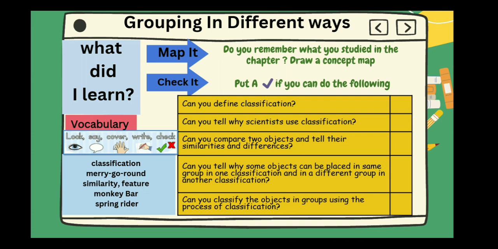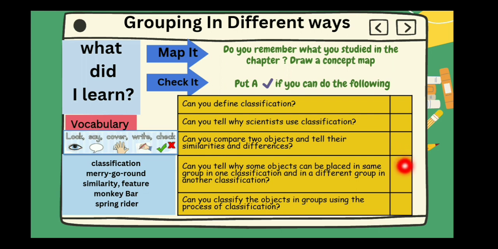What did I learn? First of all, you have to make a concept map of whatever you have learned in this chapter. Then you need to check each of these objectives, whether you have achieved them or not. Can you define classification? Can you tell why scientists use classification? Can you compare two objects and tell their similarities and differences?